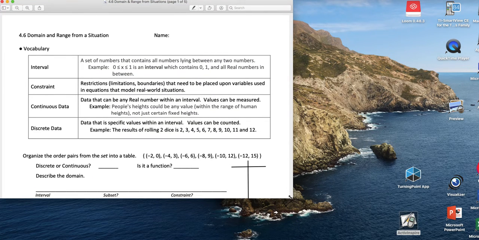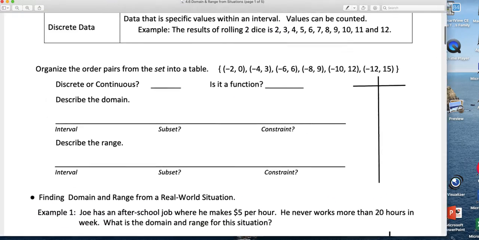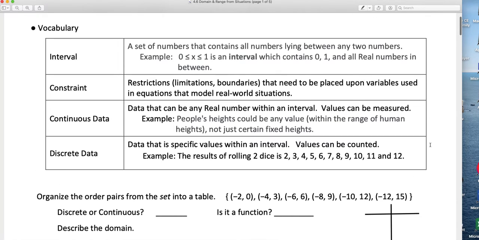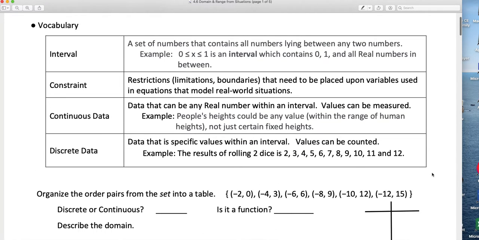You're like, wait a minute, we've been working with polynomials for the last couple of weeks. What are we doing back with domain and range? Sometimes things just sort of fall out of order, and this just happened to be one of them. But we've learned everything up until this point with domain and range, so it's a good place.